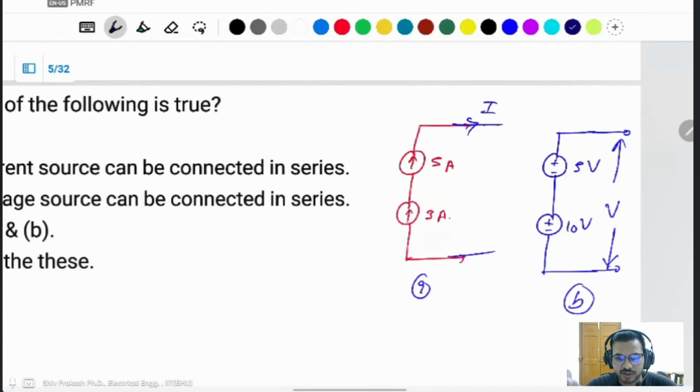In any branch, the current will be the same, anywhere. Current will not be different. Voltage may be different because of the resistor. If you connect many resistors in series, then there will be many voltages, but the current will be the same at all.